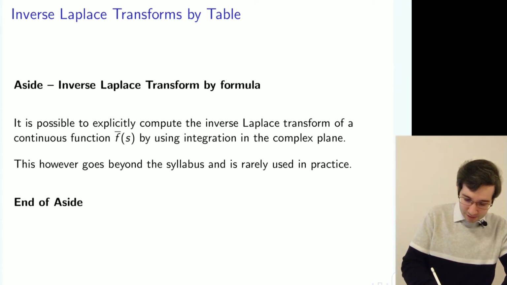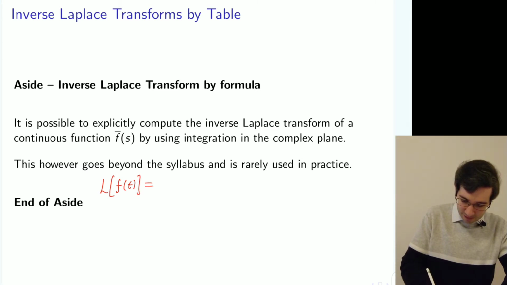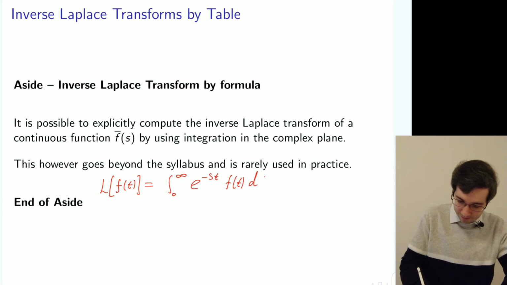So if you had a Laplace transform of a function, you remember that this is an integral taken with respect to time.